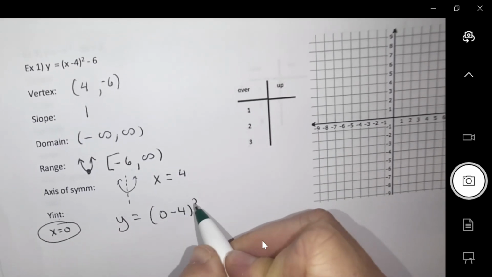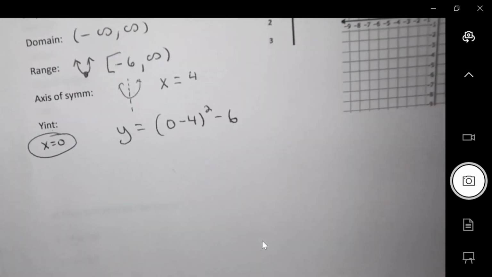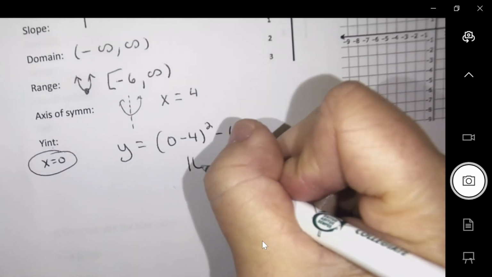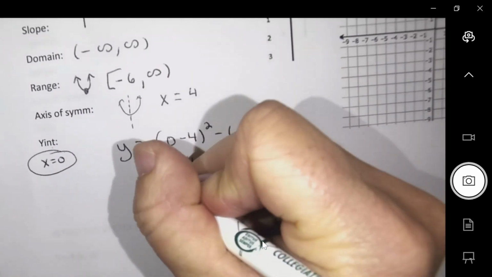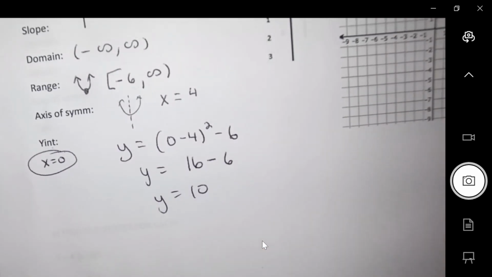Okay, so there is me plugging in 0 to replace the X. I'm going to do my math very carefully with my BEDMAS rules here. 0 minus 4 is negative 4. Squared, 16. And then minus 6 is 10.